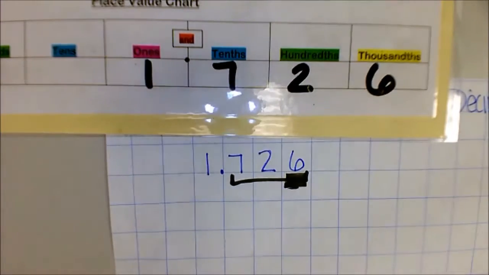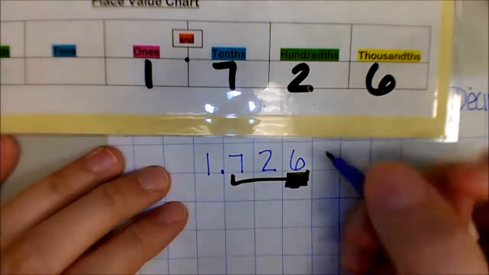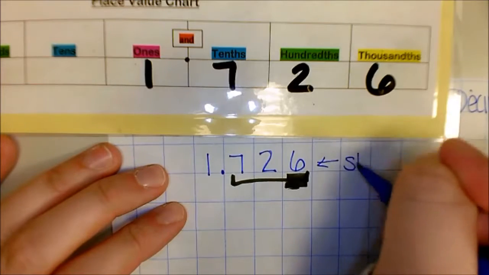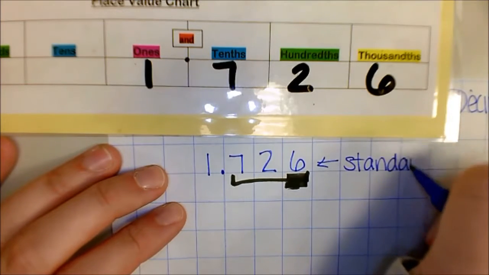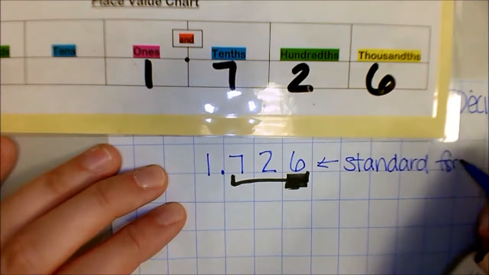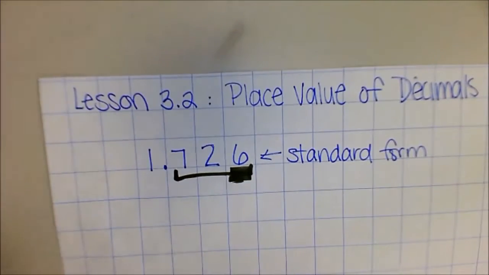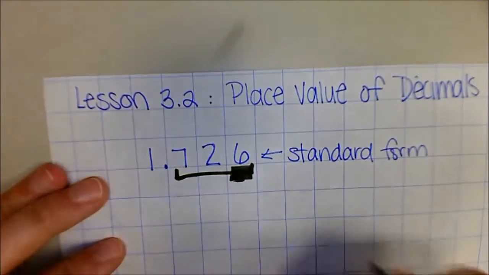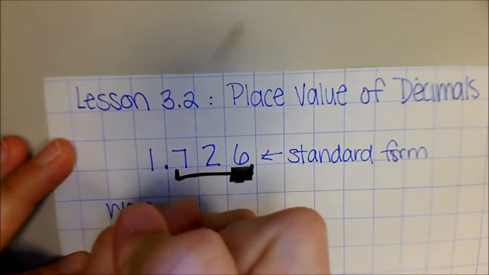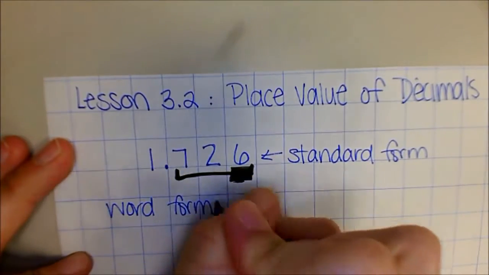Now, if I have this decimal, I can write it a few different ways. The first way is standard form, which is what this is. This is considered standard form, just writing the decimal in numbers. The next form is word form. Word form is just writing what you are saying.